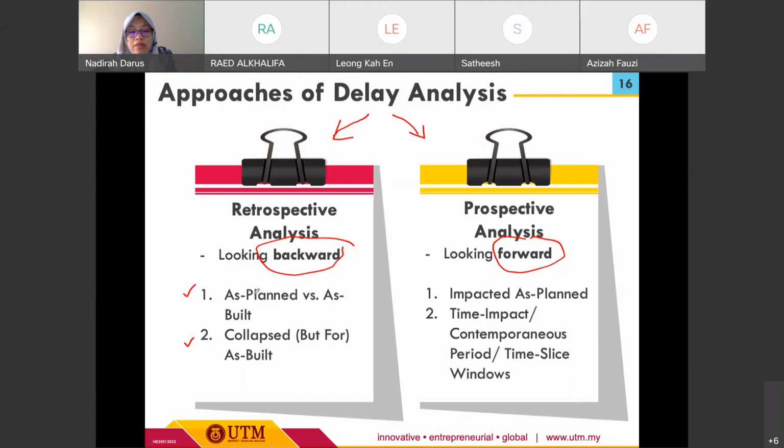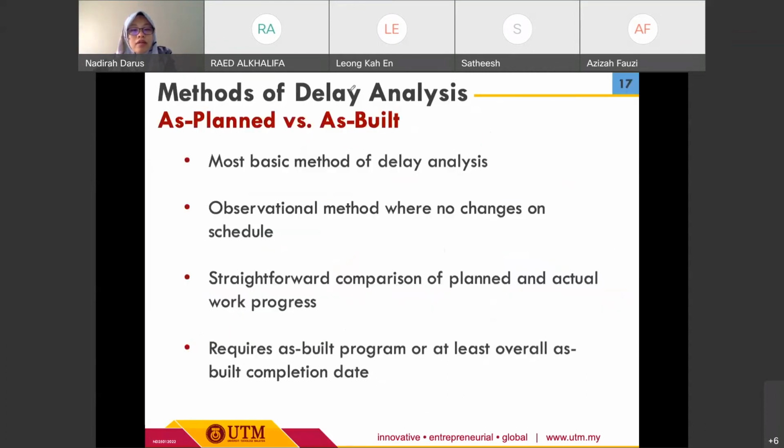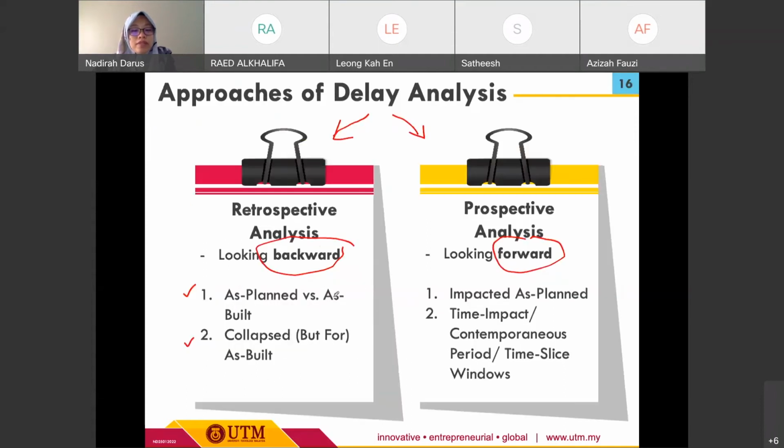In total we have these two, and the other two. We are going to look briefly at each of these approaches with their types or methods. The first method is as-planned versus as-built.